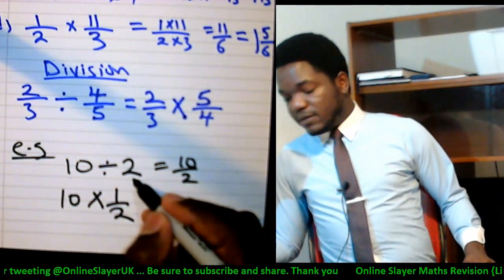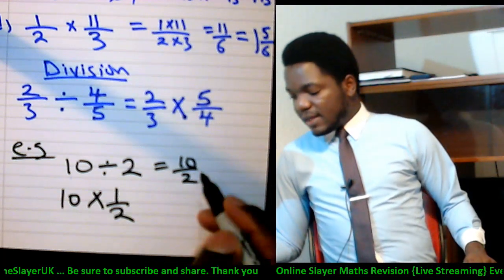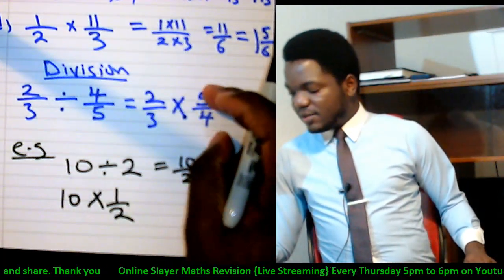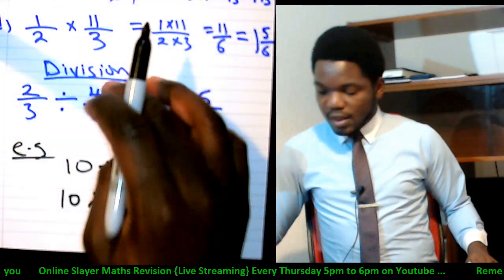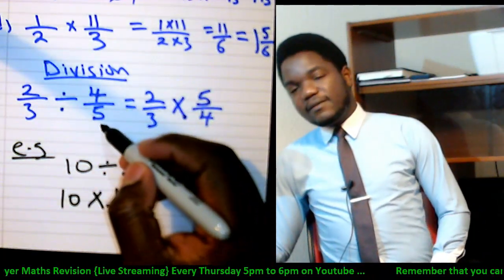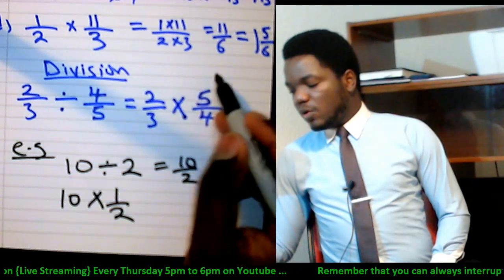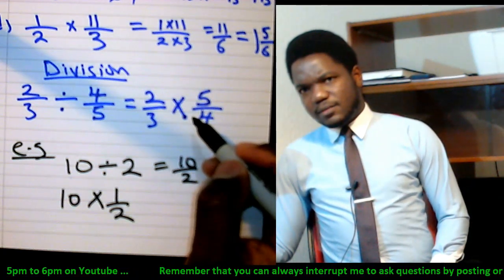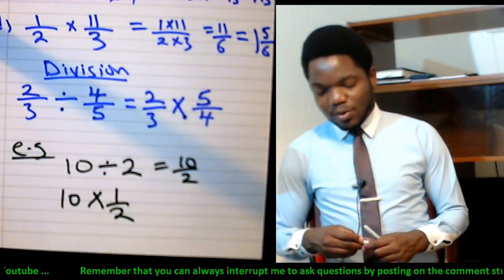Because this was 2 over 1, now it's 1 over 2. And that's why we can say this. So even if it's a fraction, it's still going to be the same thing. Turn it around. Okay? Because 4 over 5 is the same thing as 1 over 5 over 4. Okay? Well, that's exactly what we've done now.